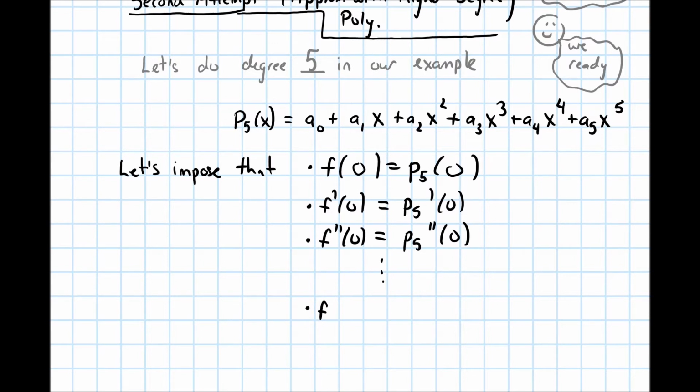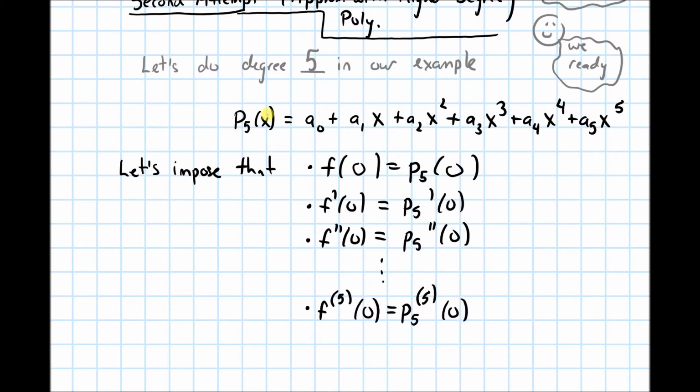So usually once we get high enough with our derivatives, we stop writing tick marks. Usually the convention is we stop after 3. We write 3 tick marks, but after that it gets confusing, having to count all the tick marks. So then the notation is for the derivative, we write which derivative we're taking in a little parentheses up here. Okay, so that means the fifth derivative of f, and that's going to be equal to the fifth derivative of p5 evaluated at 0.